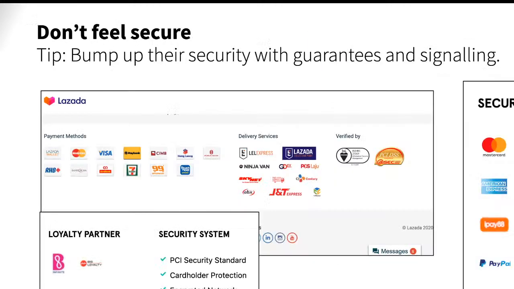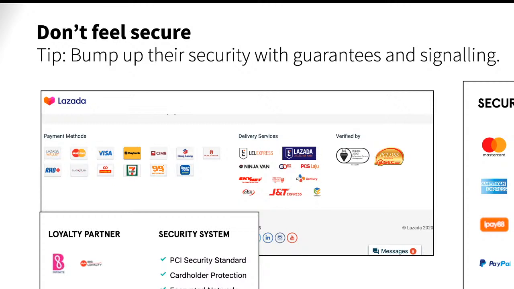Okay, now the next thing. If you go to Lazada, you go to Zalora or whichever e-commerce site, you notice something: they have all these kinds of security logos that they paste around their site that tell people, hey, we are secure. You can pay with Visa, MasterCard, Amex, Touch and Go. We are verified by all these different bodies.